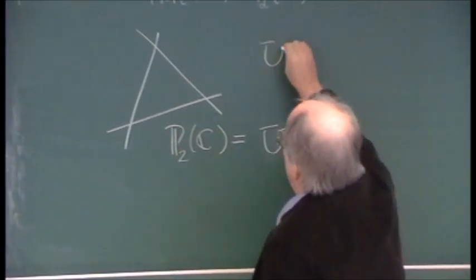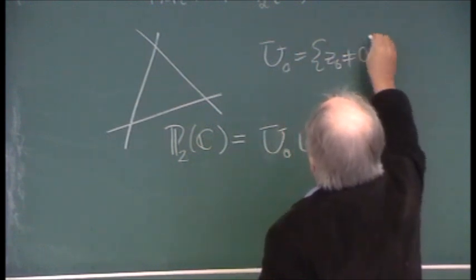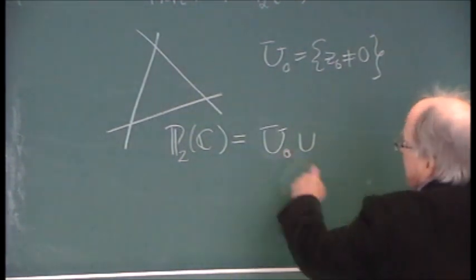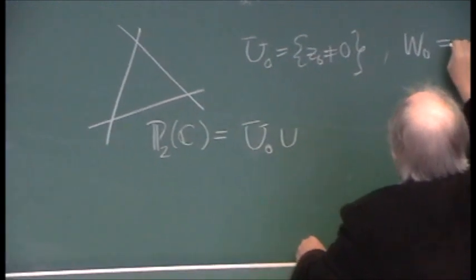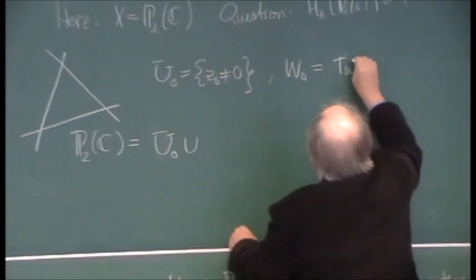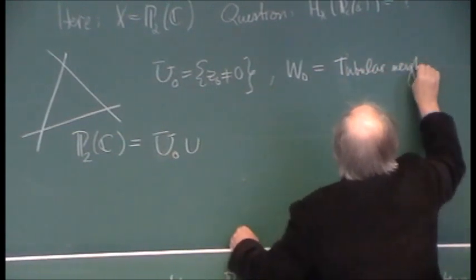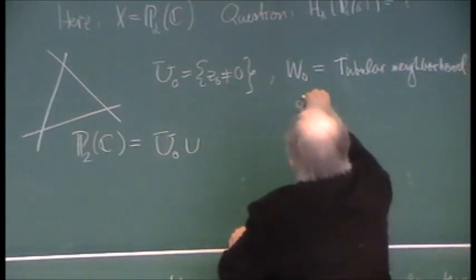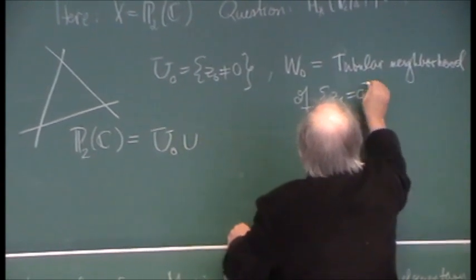I will call U0, this is Z0 not equal to 0. And let's say I'm going to have a new set that I'm interested in. Let's call it W0. That is a tubular neighborhood of Z0 equals 0.